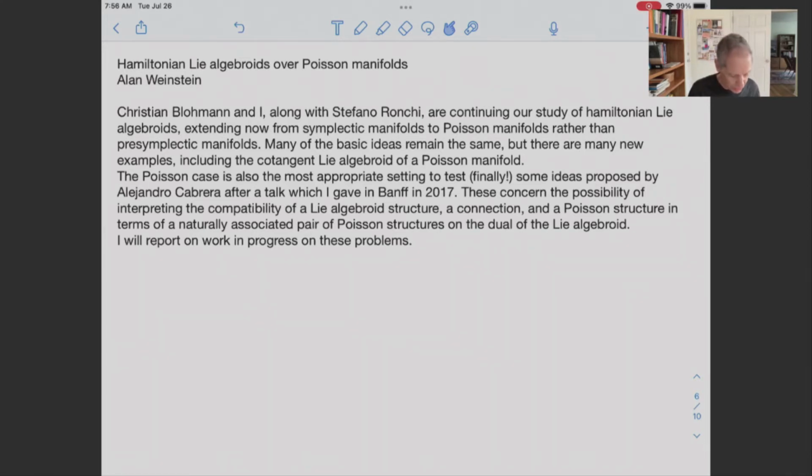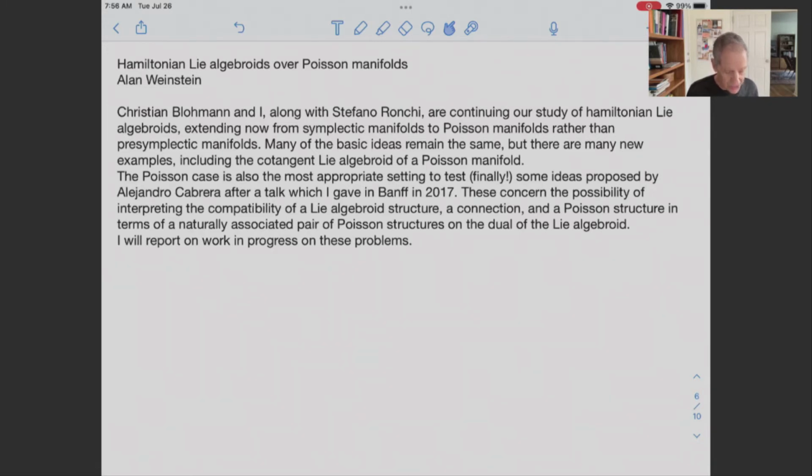But the subject of the Hamiltonian Lie algebroid seemed to take on a life of its own, including some input from symplectic topology, even, which I'll briefly mention later on in this talk.